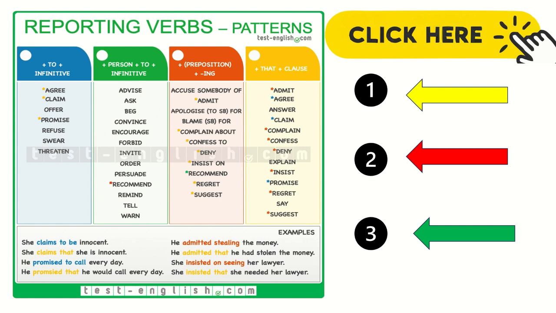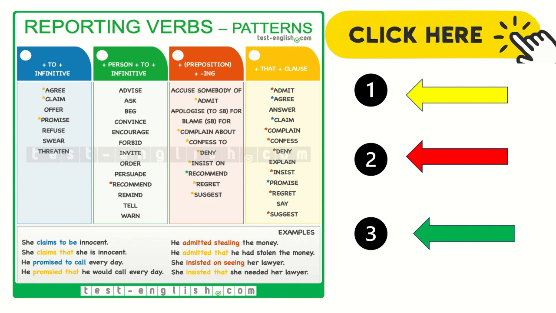I can't use, for example, after agree, I can't use ing, while other verbs I have to split the reporting verb by a person. He advised me to study well. Not he advised to, he advised me to study well.